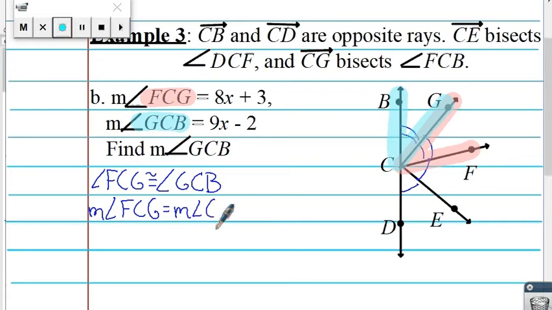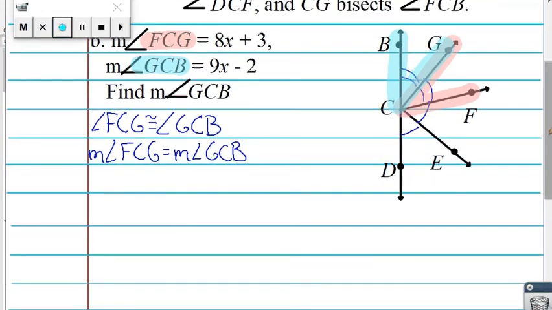Now, same as last time, we have expressions for each of those angles. So in place of angle FCG, I can put 8x plus 3. And in place of the measure of angle GCB, I can put 9x minus 2.